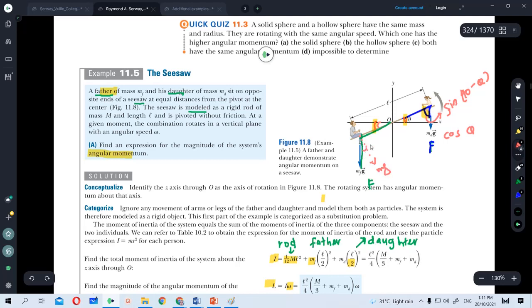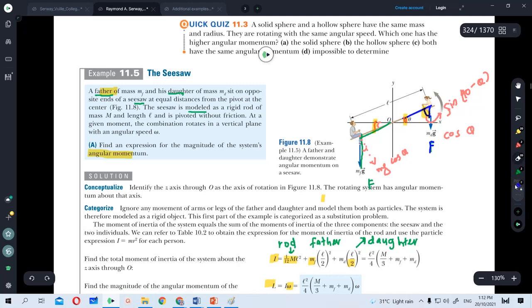So this is mg cos theta, perpendicular. Same goes with the daughter, so mg cos theta. That's how you convey the force direction, perpendicular to the lever arm. Where is the lever arm? This is the lever arm, right from here to here. The blue just now indicates the axis of rotation and the lever arm.